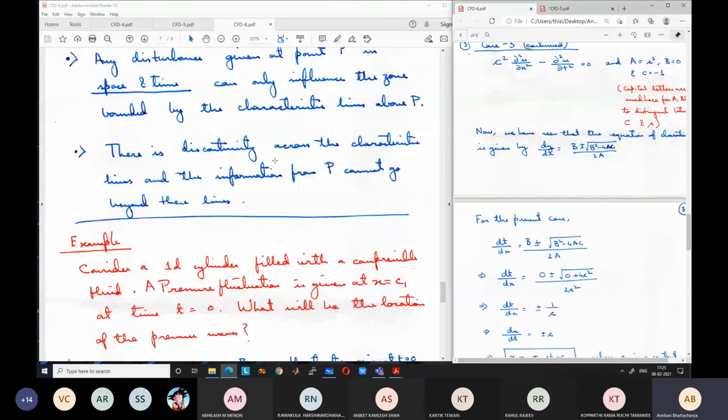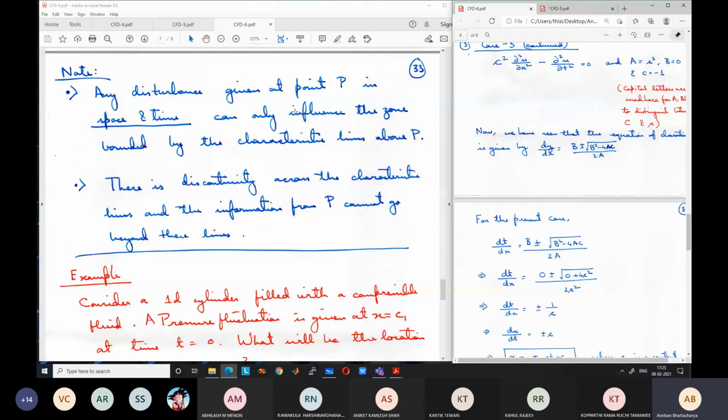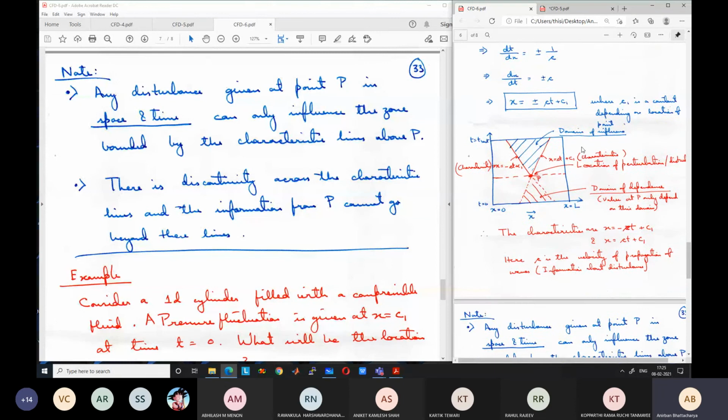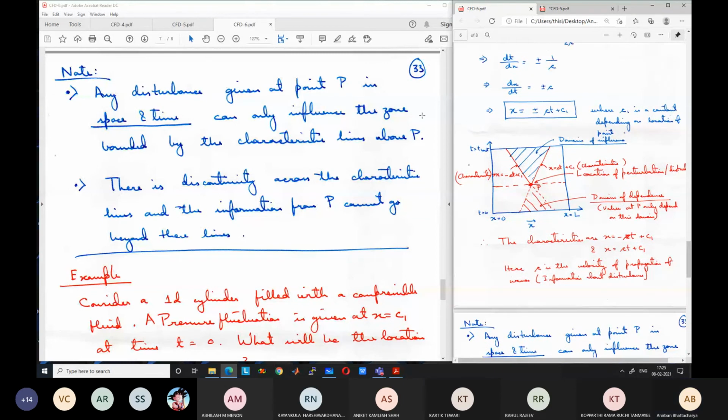Any disturbance given at point P in space and time can only influence the zone bounded by the characteristic lines above P. This zone is known as the zone of influence. Any disturbance given at point P in space and time can influence only the region bounded by the characteristic lines.